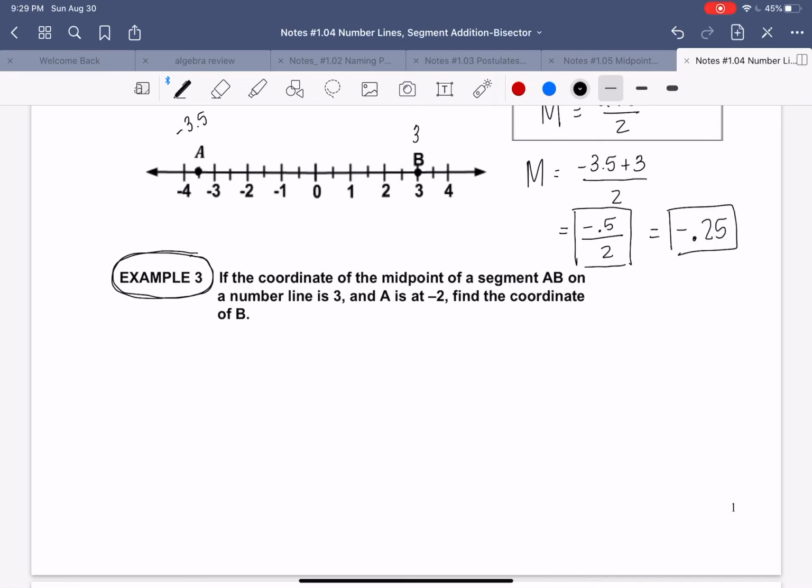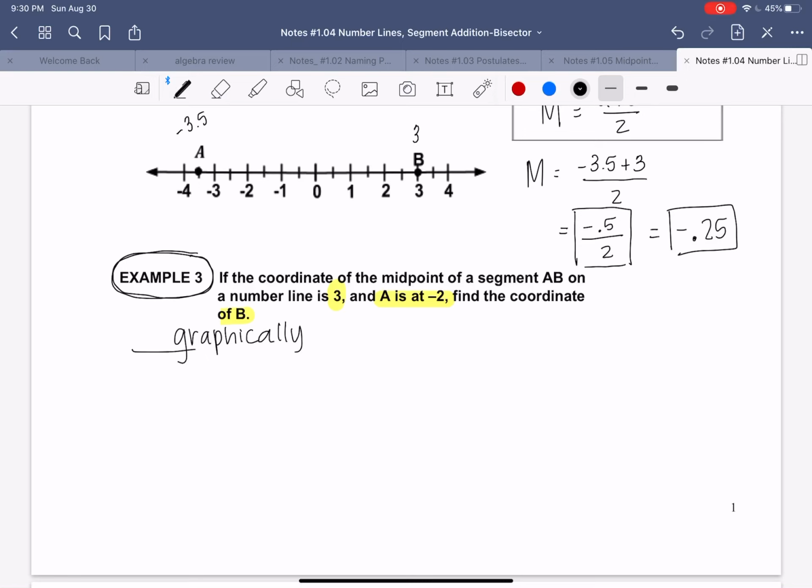So that means that 3 is our midpoint. Okay, and it says that A is at -2, and then we need to find the coordinates of B. So this is how you can solve it graphically, okay, or algebraically. So I'm going to show you how to solve it graphically first.